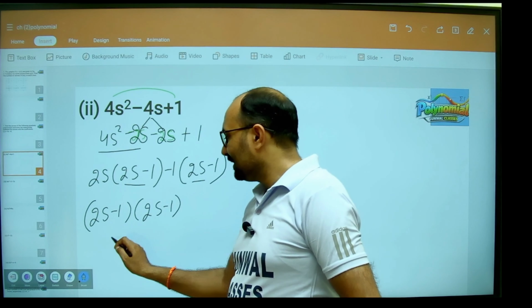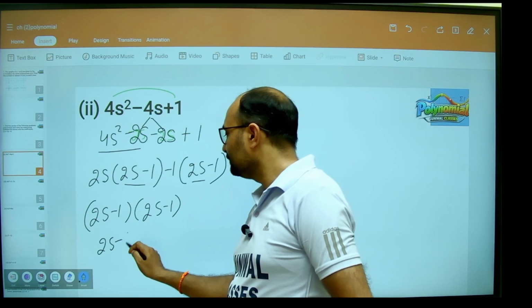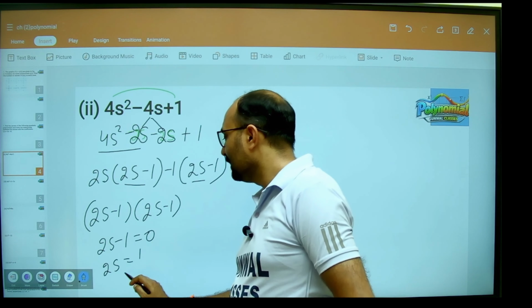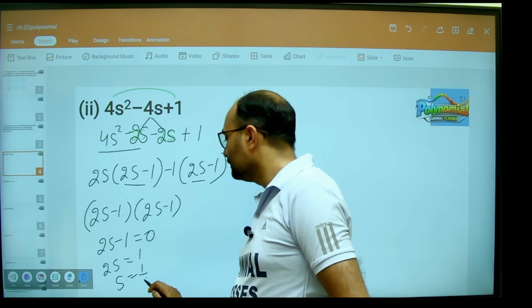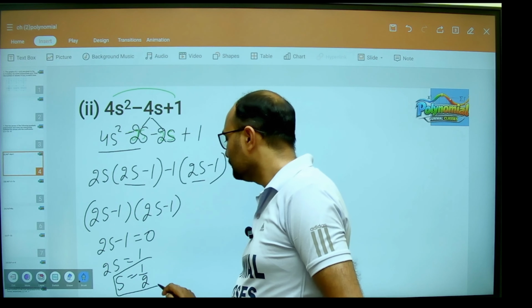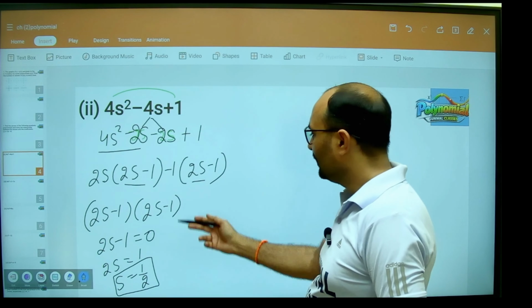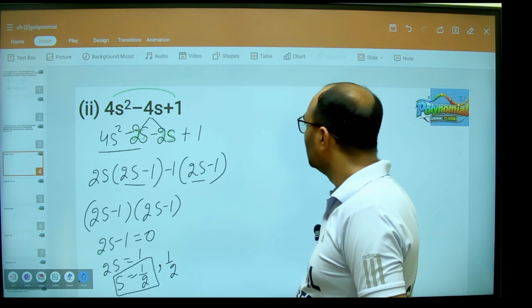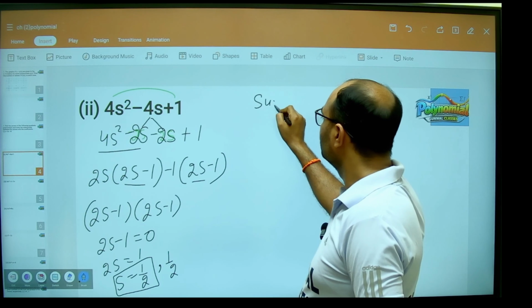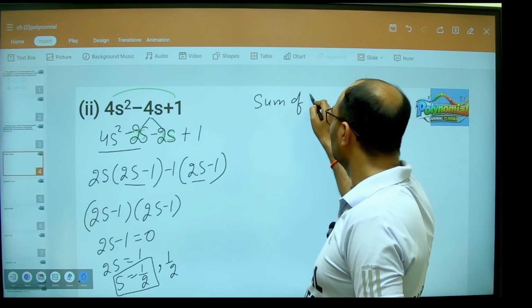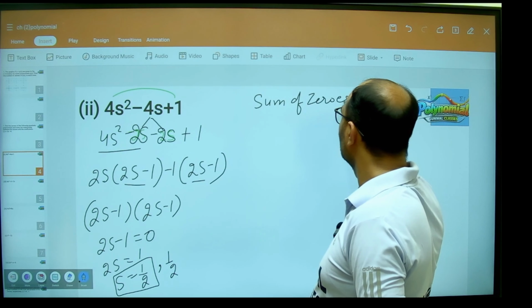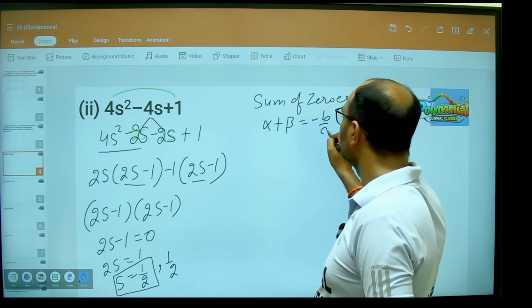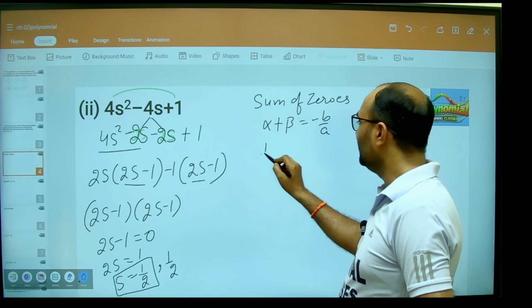If we compare this equal to 0, 2s is equal to plus 1 and s is equal to 1 by 2. In the same way, the second is also 1 by 2. Now sum of zeros: alpha plus beta is equal to minus b upon a. Alpha is 1 by 2, beta is 1 by 2.